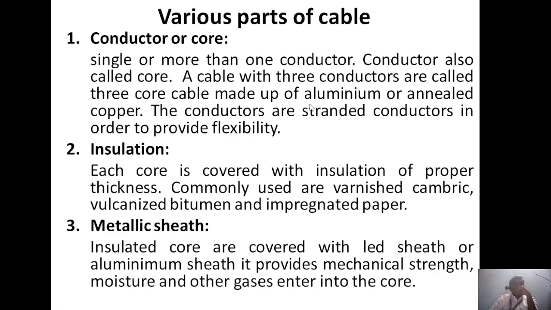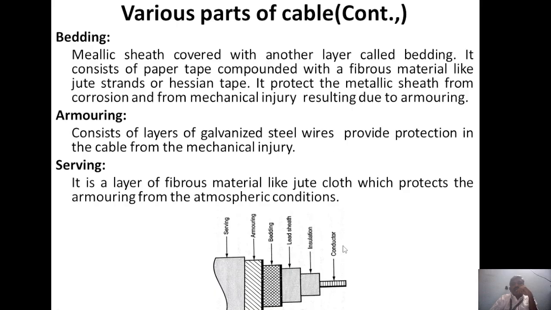Next, before entering into the details of cable construction, you should know what the parts in the cables are. We'll start from the center. The center part of the cable you can call a conductor or core.